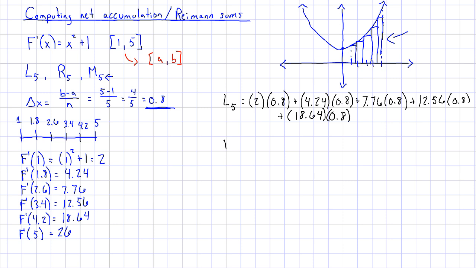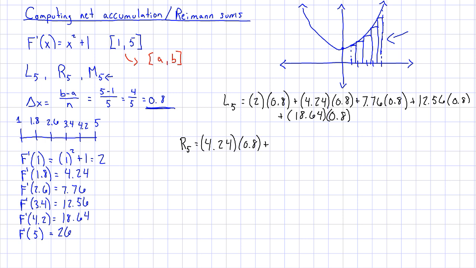For R5, let me scooch it in a little bit since I ran out of space in the last line. I will take the last points, the second half. So I'll start with 1.8, the value at 1.8, which is 4.24. That is the height when the x value is 1.8. I'll multiply that by my width, and then I'll proceed.